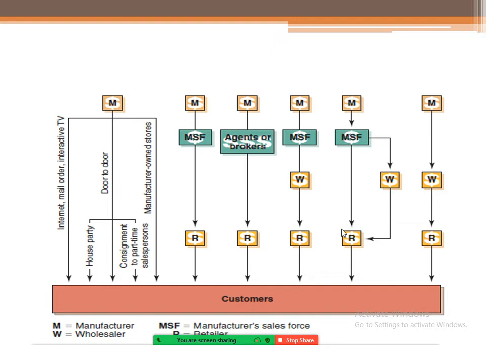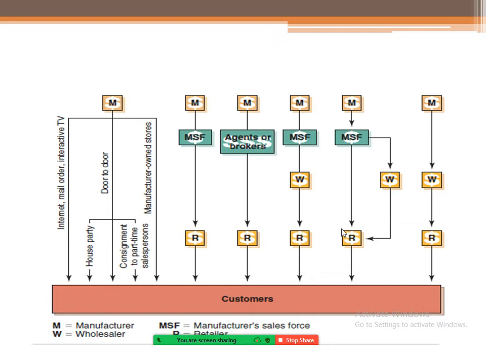Some observers predict that interactive television, that is ITV, will also become a viable direct distribution channel in the coming years as more households are wired with the necessary two-way technology. Also, we are witnessing Amazon.com and Flipkart, etc. So many websites are there. Also, social media marketing is taking things ahead.